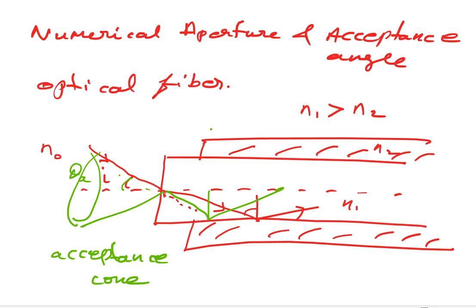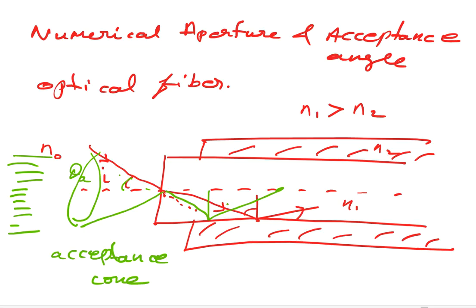And what is numerical aperture? Numerical aperture is the light collecting capacity of an optical fiber. Just consider, if you expose this optical fiber in front of a powerful source, not all the light will be transmitted, only the light which is coming within this cone will be transmitted.